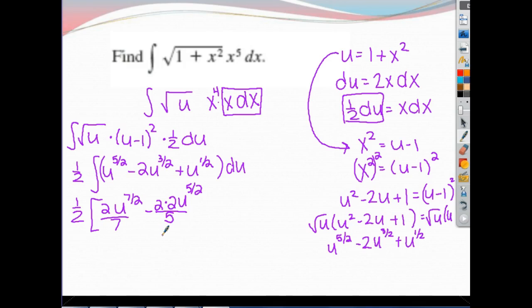So remember, dividing by like 7 halves or 5 halves is the same as multiplying by its reciprocal. Add 1. Divide by your exponent. Tag along with your plus c.